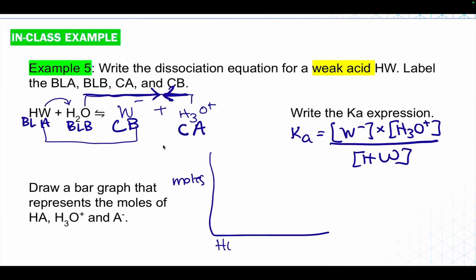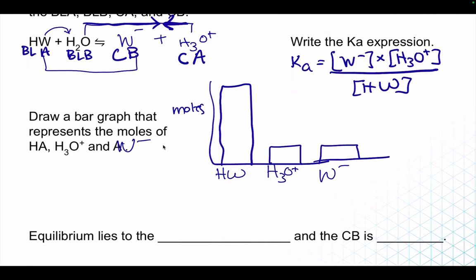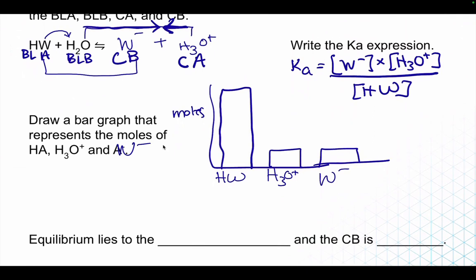This time HW and then the hydronium and W. Most of it is going to be the intact acid, and then just a very small amount of these ions. And then thinking about equilibrium, this doesn't really break up, so you're mostly going to have the HW.